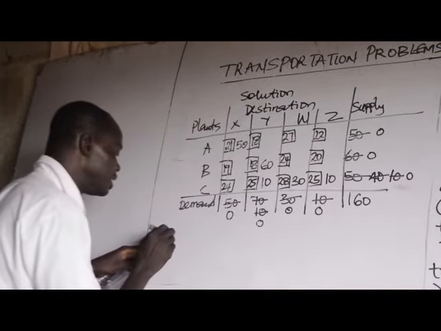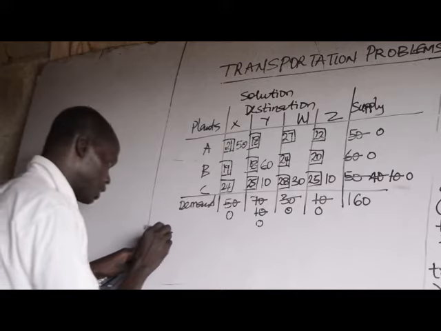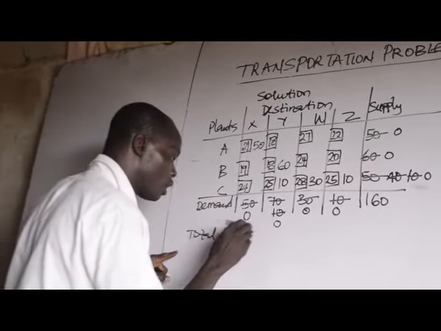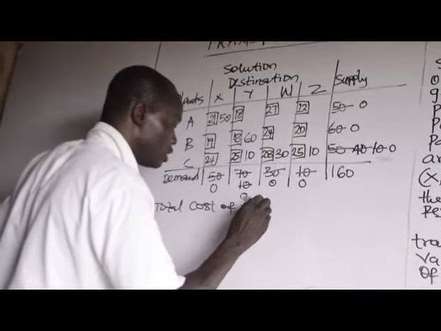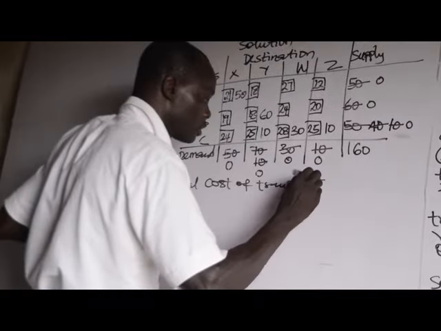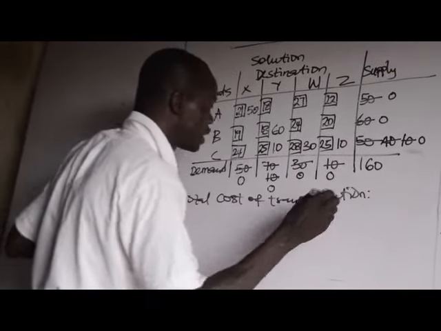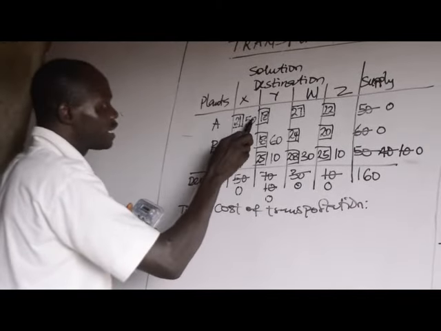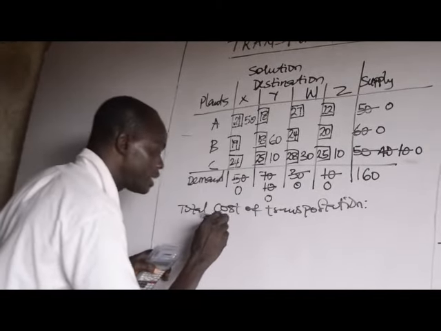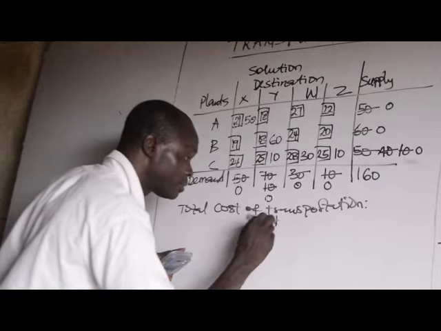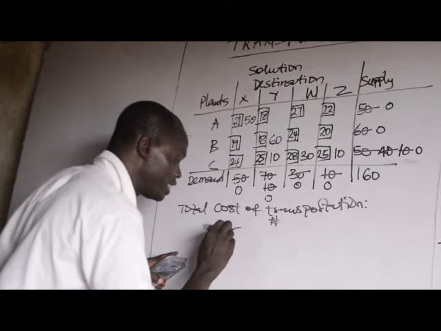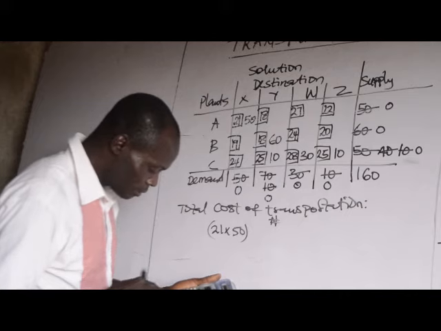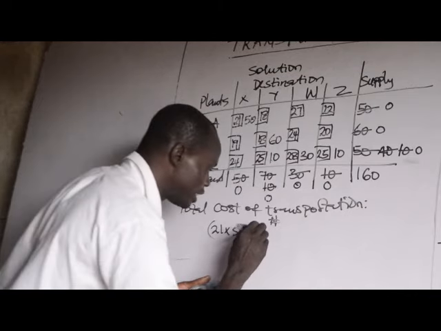Now, what will be the total cost of transportation using the northwest corner rule? We have 21 times 50, the amount is in naira, which gives us 1,050 naira.